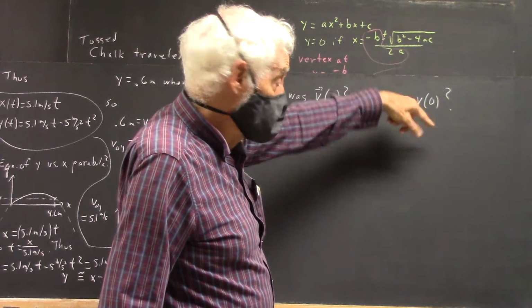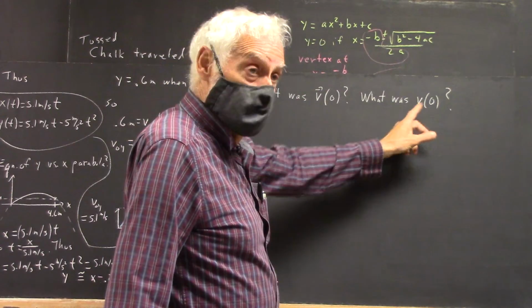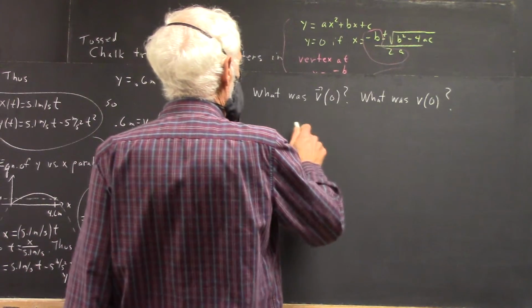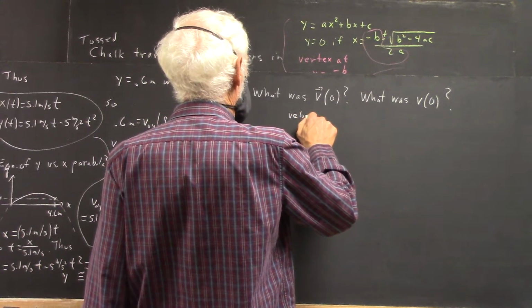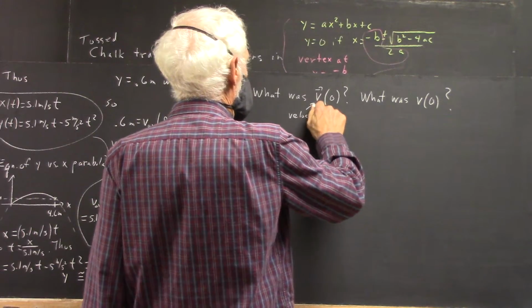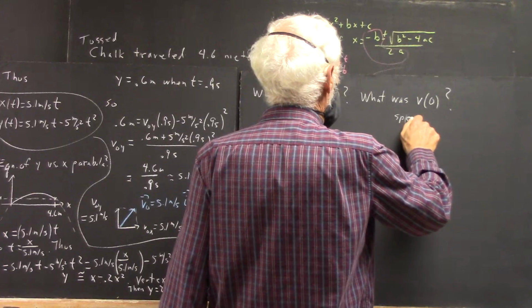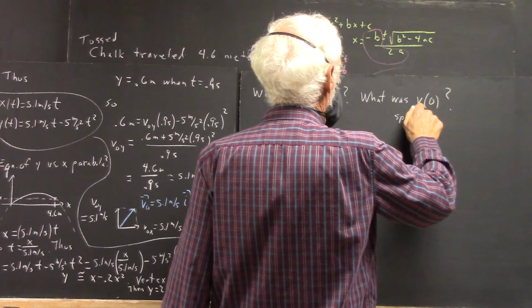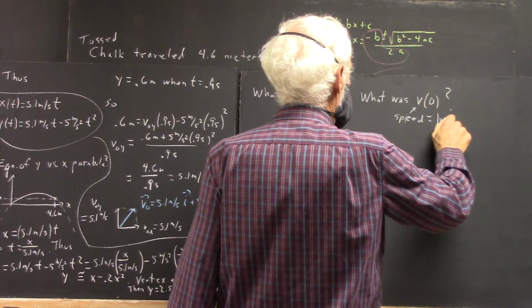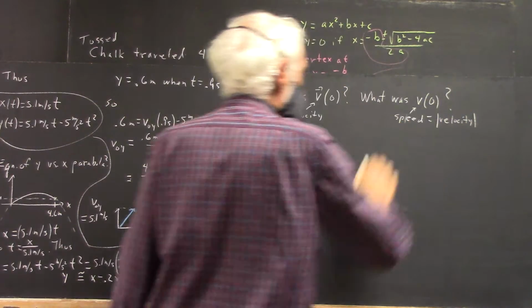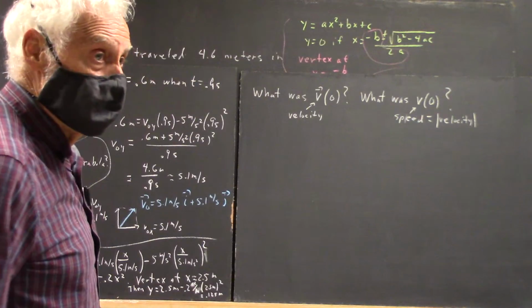I could put absolute value signs around that, but that's unnecessary by convention. This is speed. V of 0 is velocity. This is speed, which is magnitude of velocity.